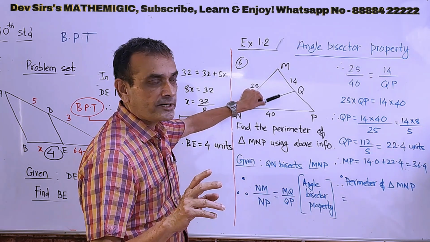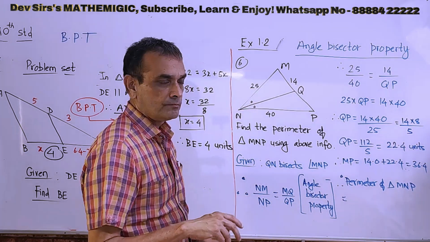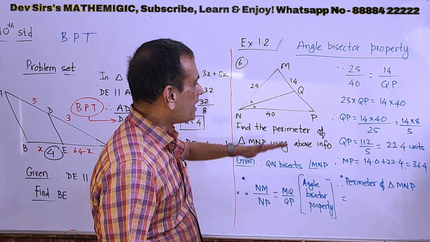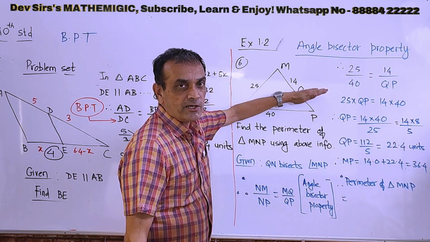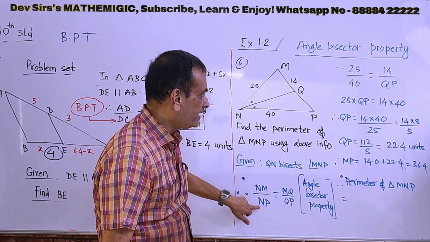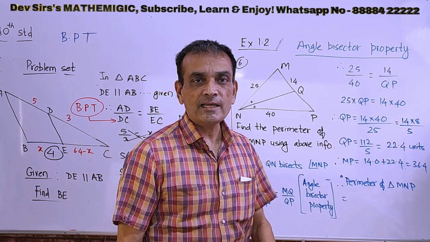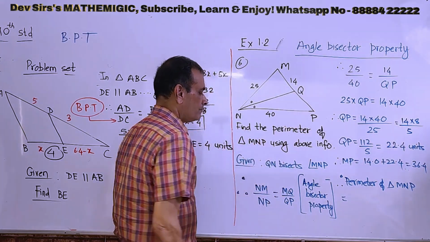Just rotate the pen. NM upon NP. Keep the pen or your arm on the angle bisector. पहला रेशियो ऐसा लेना है, NM upon NP. दूसरा रेशियो कौन सा लेना है? सामने के दो पार्ट्स. MQ upon QP.